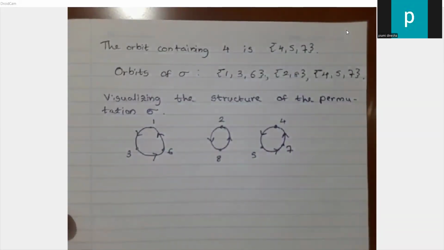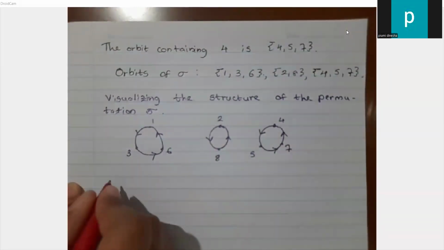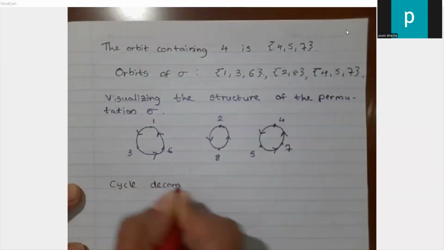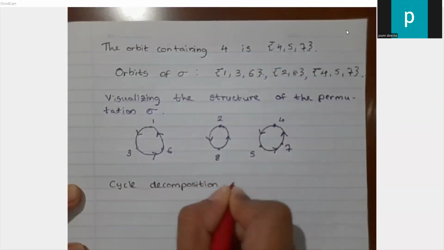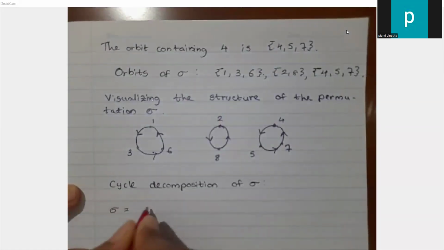Right? Now, let's go back to the cycle decomposition of sigma, which we have done previously, right? Let's find the cycle decomposition of sigma, right? Let me write sigma first.